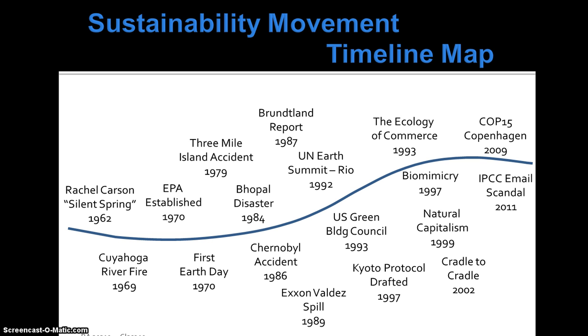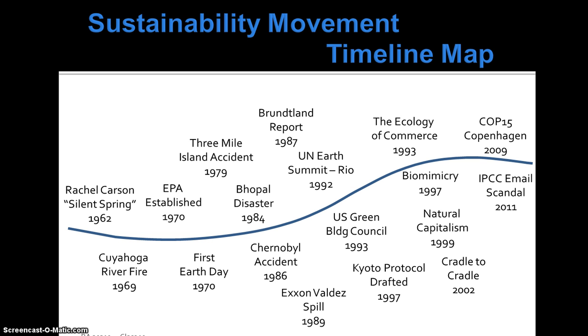And then cradle to cradle, the idea that it's not an open-ended system; it's a closed-loop system, and the idea that we need to design our products in a very similar sort of way. And then in the most recent times, the latest big global gathering around climate in Copenhagen about 5 years ago had huge expectations and hopes, and really ended up with very little movement because of disagreement between the developed and developing worlds and that sort of thing.